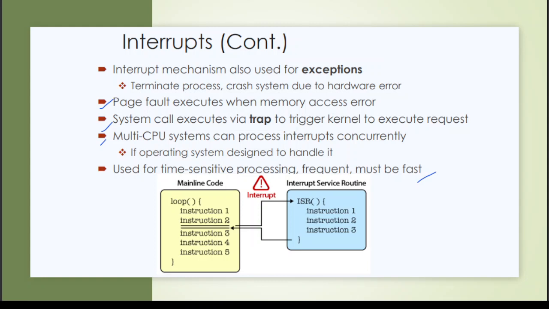Instructions 1, 2, and 3 of the ISR will be executed, and after its execution, the control will return to the mainline code, after the point where the mainline code was interrupted. In this example, it is instruction 3, and the whole process will go on easily as it was coded.